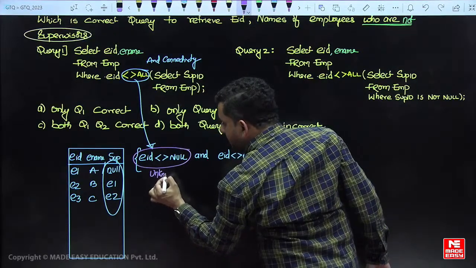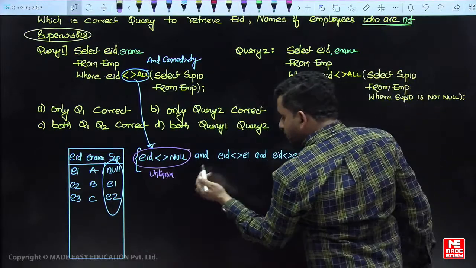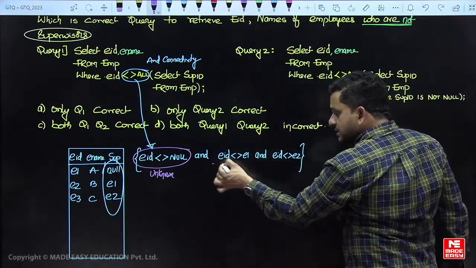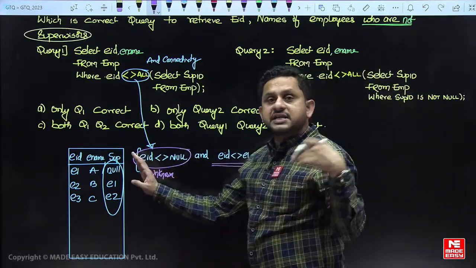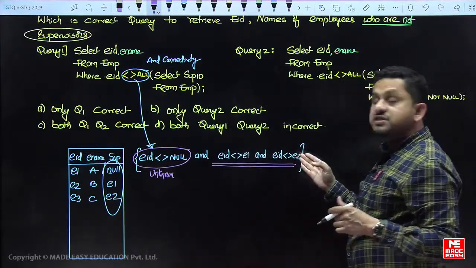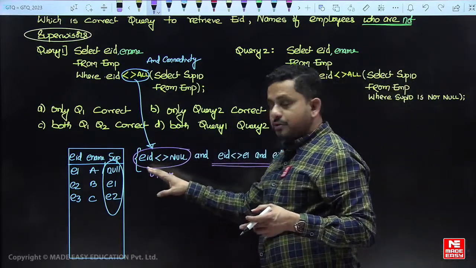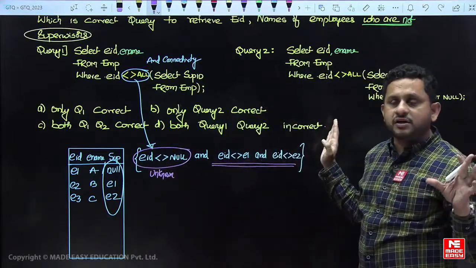Comparison with null is unknown. Because comparison with null is unknown, if these conditions are false and unknown, the result becomes unknown. True and unknown is unknown, and false and unknown is false.